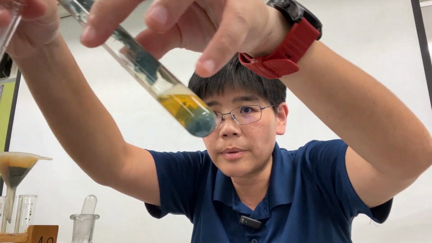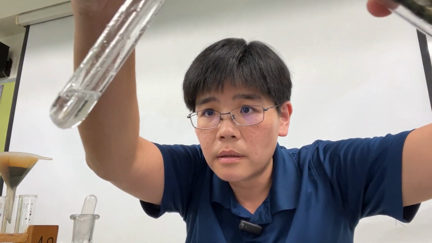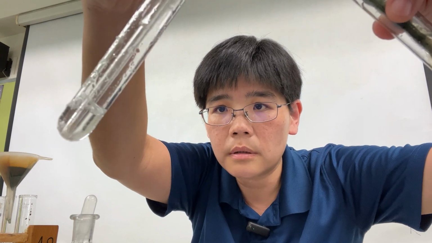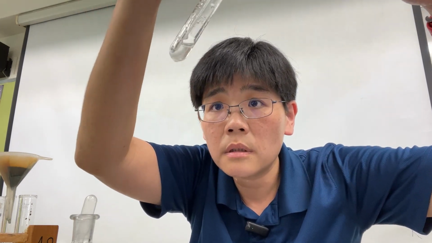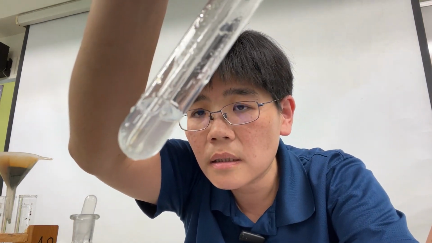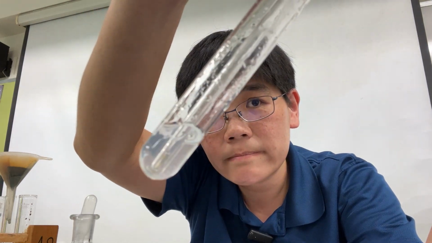Okay, I'm going to have to shake a little bit, but there seems to be enough of the effervescence that's coming out. Okay, and then I see that again the gas forms a white precipitate in the lime water.